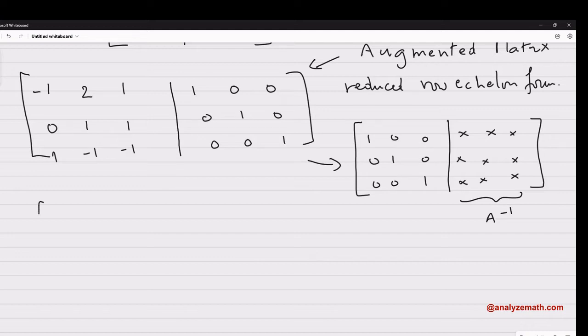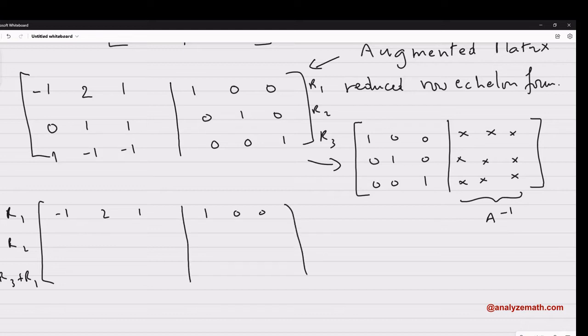Let's call this one R1, this is R2, this is R3. Now R1 will be unchanged, R2 is unchanged, and R3 we replace by R3 plus R1. So R1 unchanged: 1 2 1, the vertical bar, 1 0 0. R2 is also unchanged.